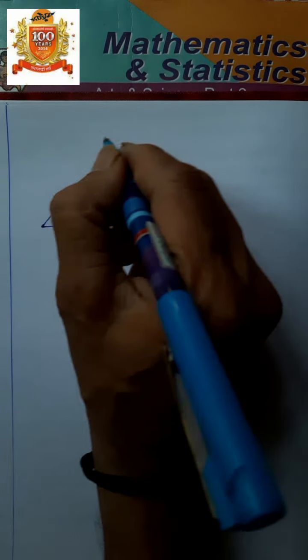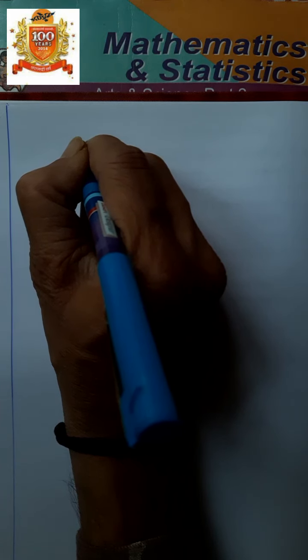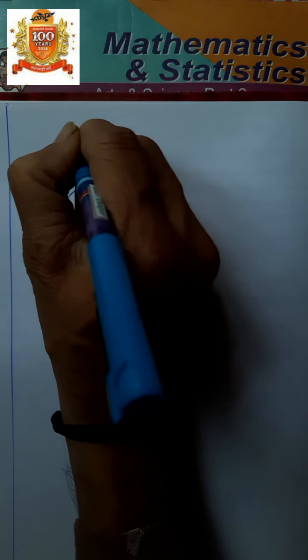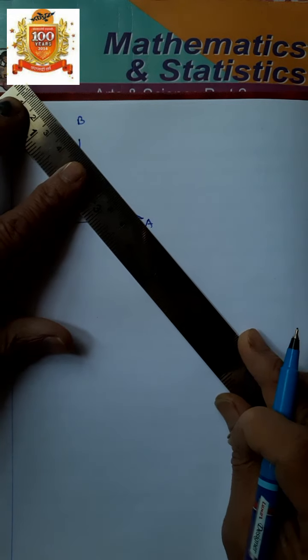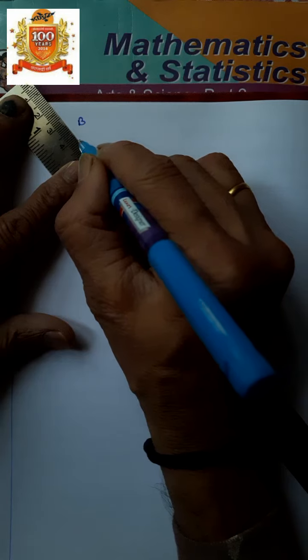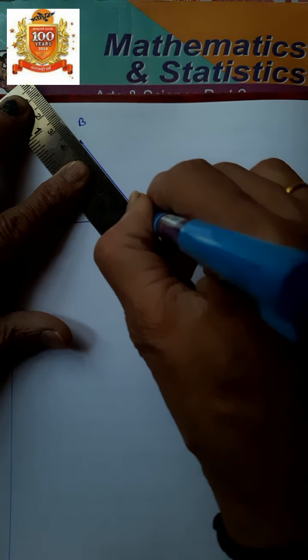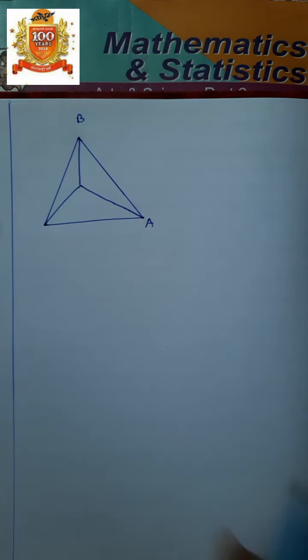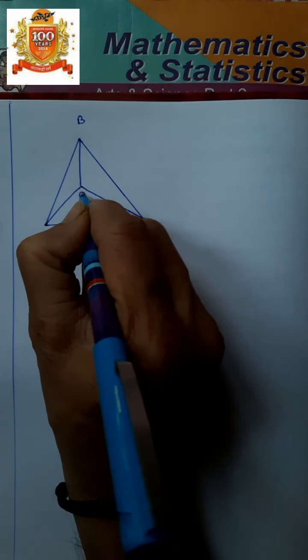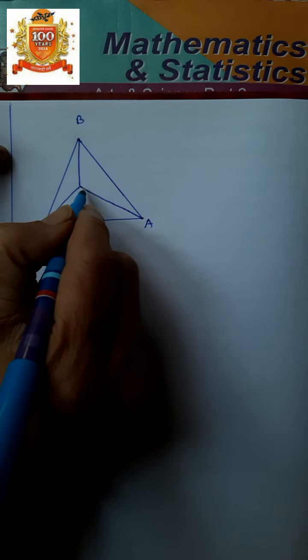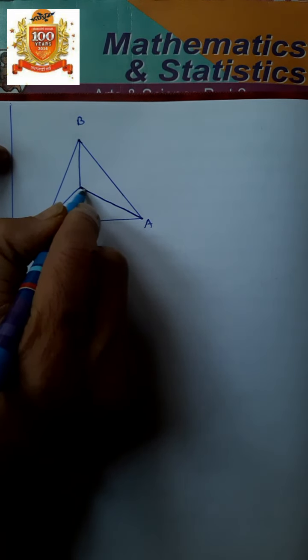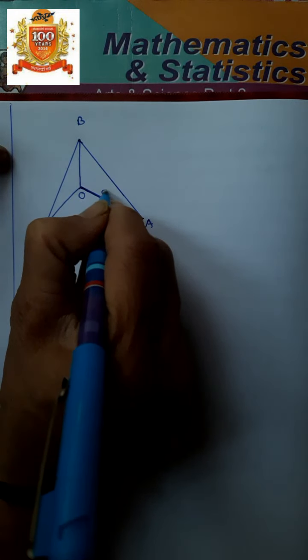This is A, this is point B, this is O, this is C. This denotes A bar.